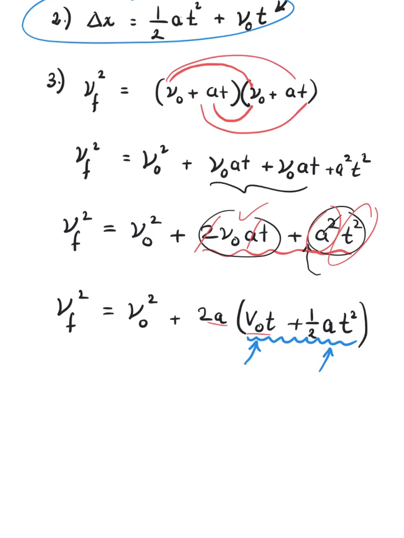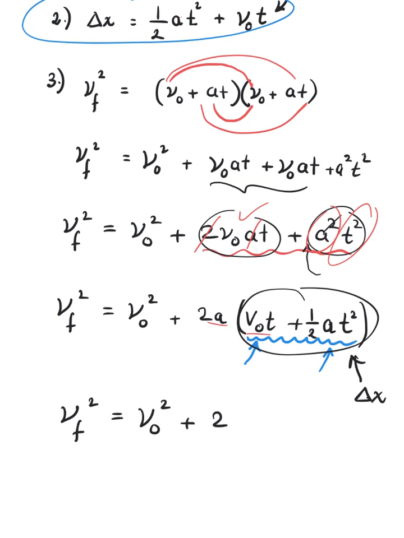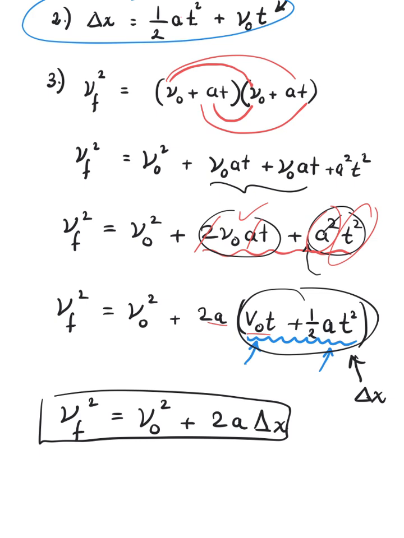Okay, so what we can do is replace all of this with the displacement in the x direction, delta x. So we could write the third kinematics equation as v final squared is equal to v initial squared plus 2 times the acceleration times the displacement in the x direction. So this is our third kinematics equation.